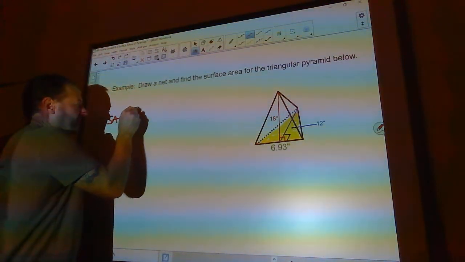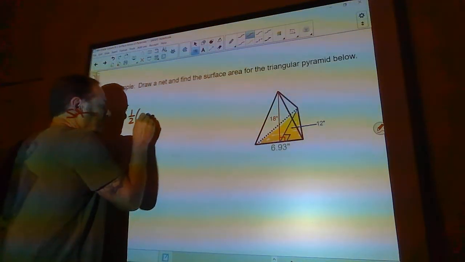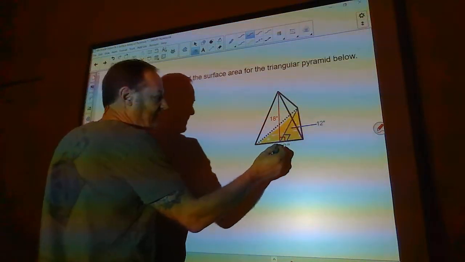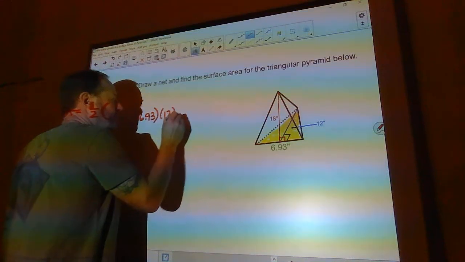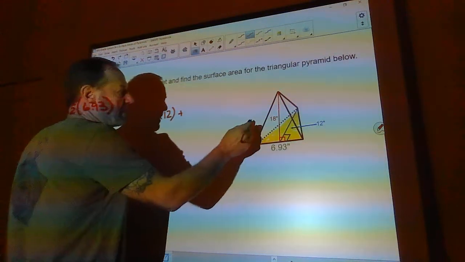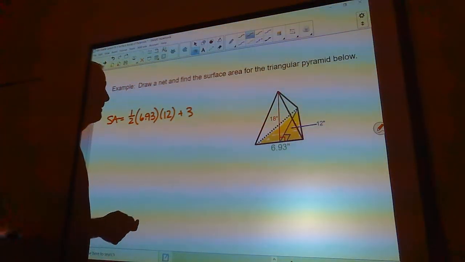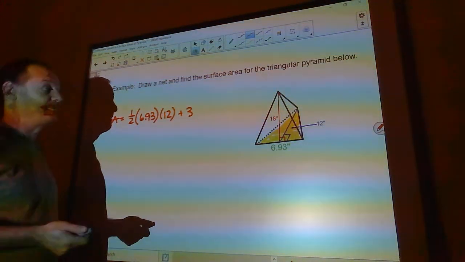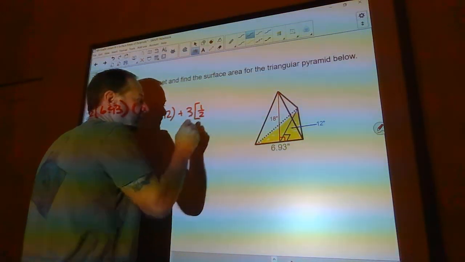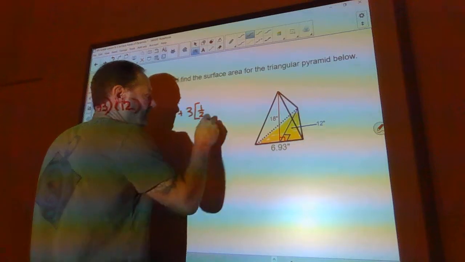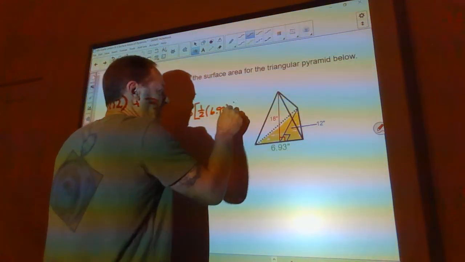It's half the triangle's base, which is 6.93, times the height of that triangle, which is 12 inches. Plus, now I've got 3 identical triangles. It doesn't say they're identical, but I don't have any other information, so I have to assume that they're identical. So 3 times, again, half of the base of this triangle, which is 6.93, times its height, which is 18 inches.